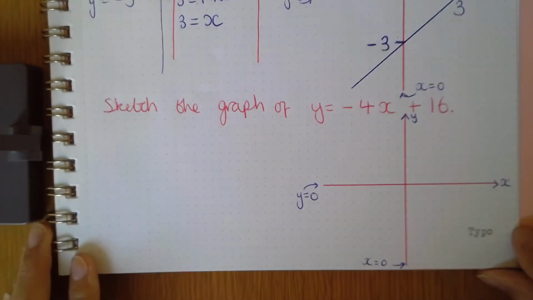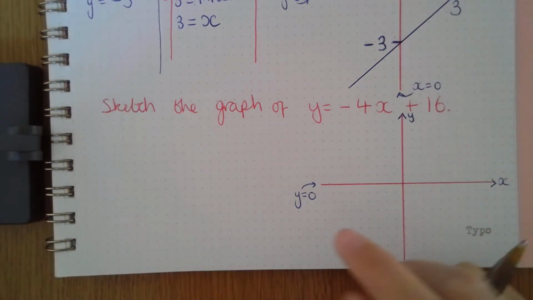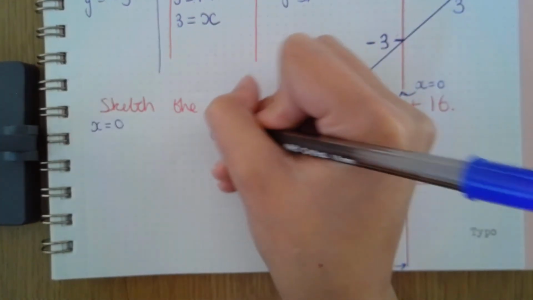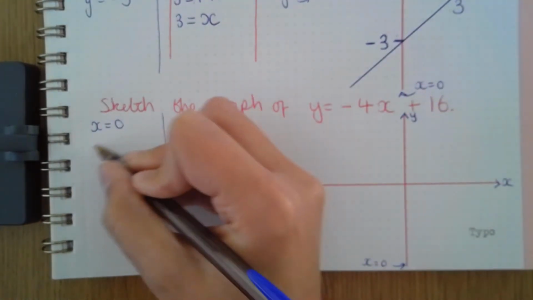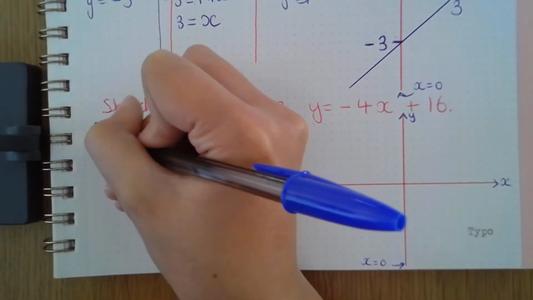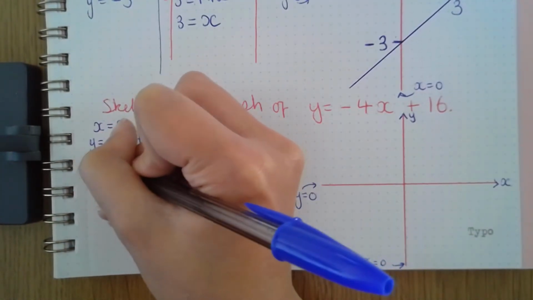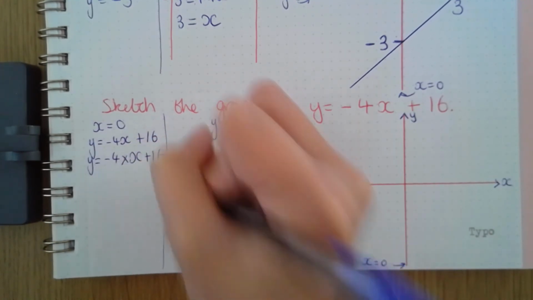Okay, and the last one that we're going to go through is this one. Sketch the graph of y equals negative 4x plus 16. So we're going to have an x equals 0 and a y equals 0. With x equals 0, y equals negative 4 times x plus 16.